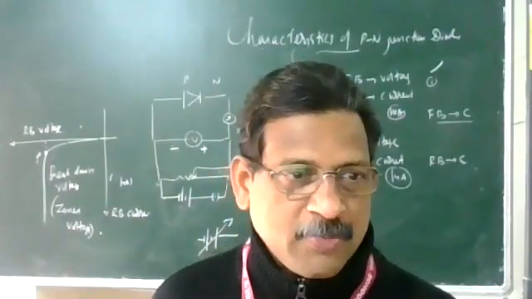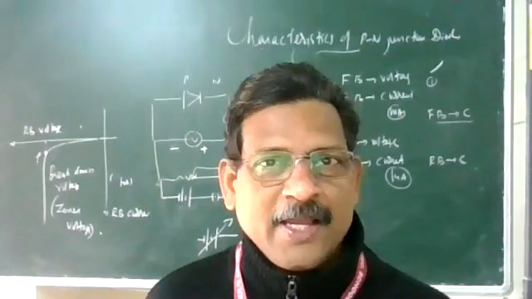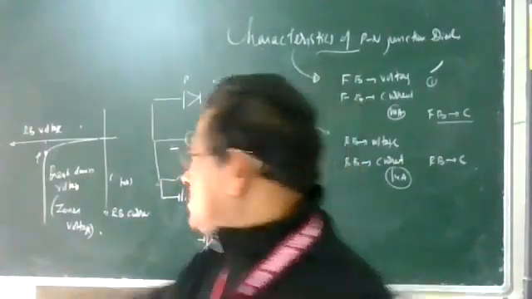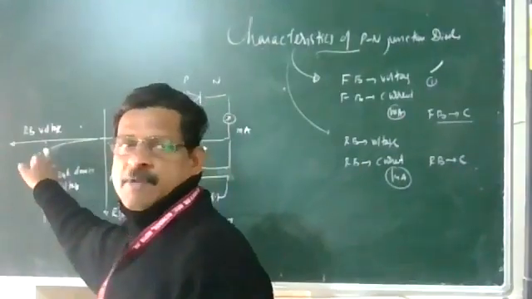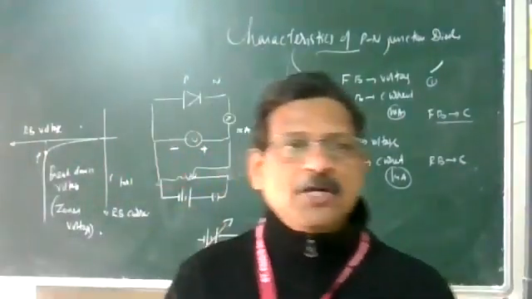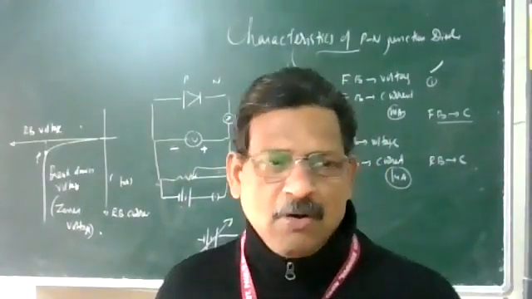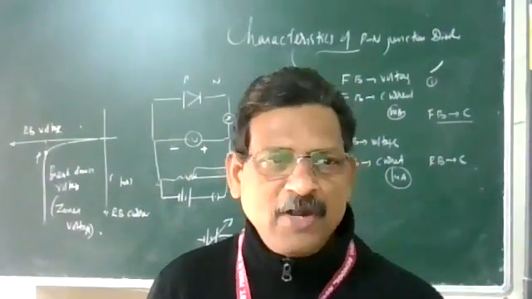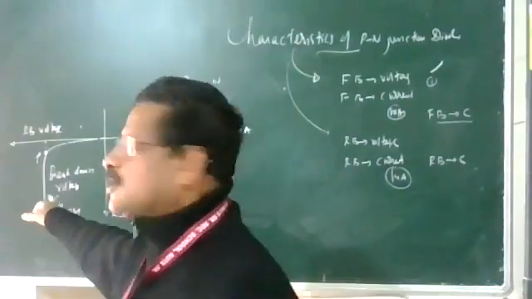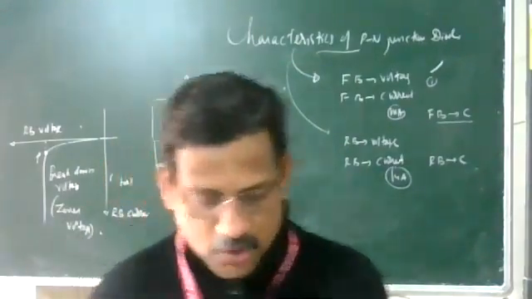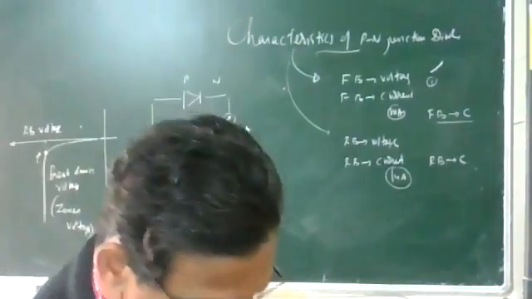It's not because of the minority carriers coming; at this point many bonds break under the high electric field. We get a high reverse current at this point. It is called breakdown.